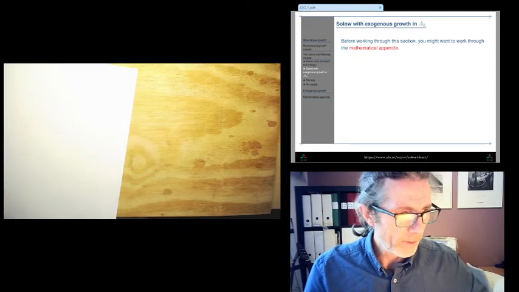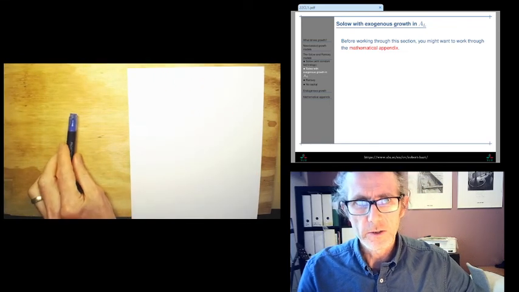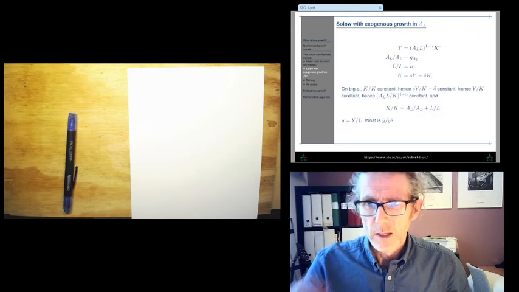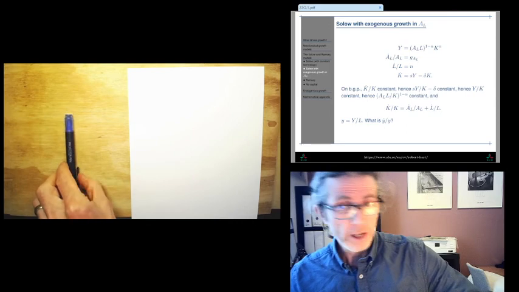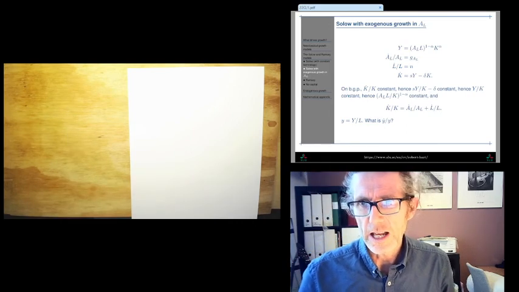There we are. Okay, so we've done our mathematical appendix, and now we're going to have a look at Solow with exogenous growth. And we're driving the growth through growth in labor productivity AL.